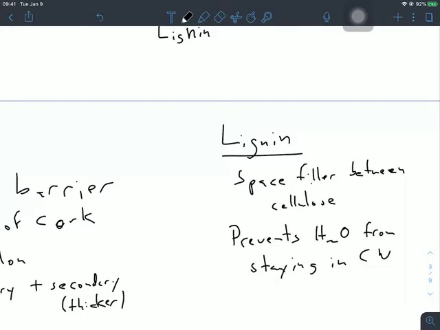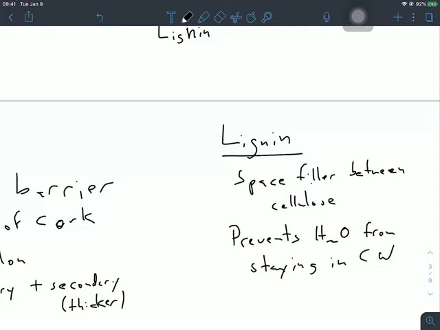Because if the cell wall truly acted like a paper towel, in that it could absorb all of the water, that would mean that it competes for water with the cells themselves. And we don't want that, right? You don't want water hanging out in the cell wall when it's needed inside of the cell proper.